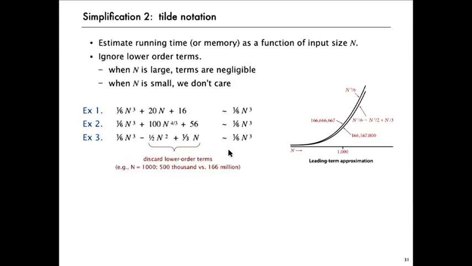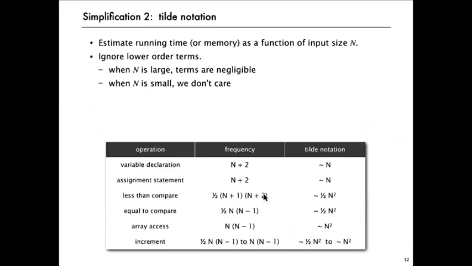So by focusing on one operation and throwing away the low-order terms, we get the tilde notation. The technical definition is that f of n tilde g of n means the limit of f of n over g of n equals 1, and you can check that that holds in these kinds of situations. That greatly simplifies the frequency counts. If we're only picking one thing, we're just talking about tilde n squared, and maybe another tilde n squared for the increment for the two-sum problem, say.